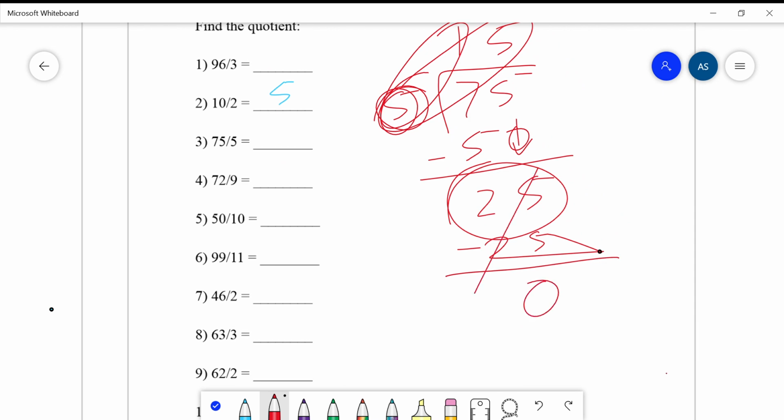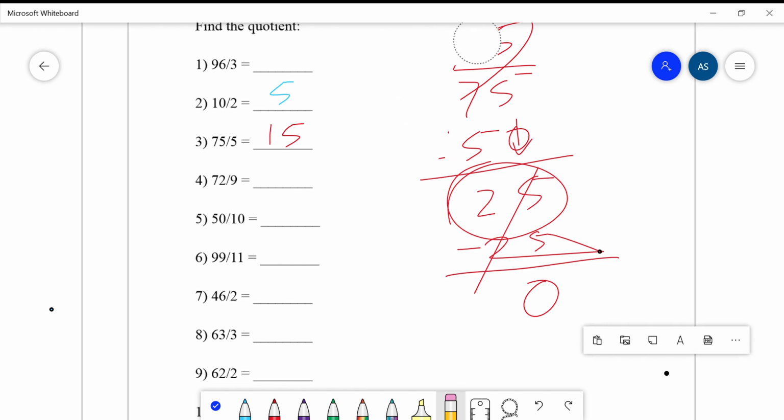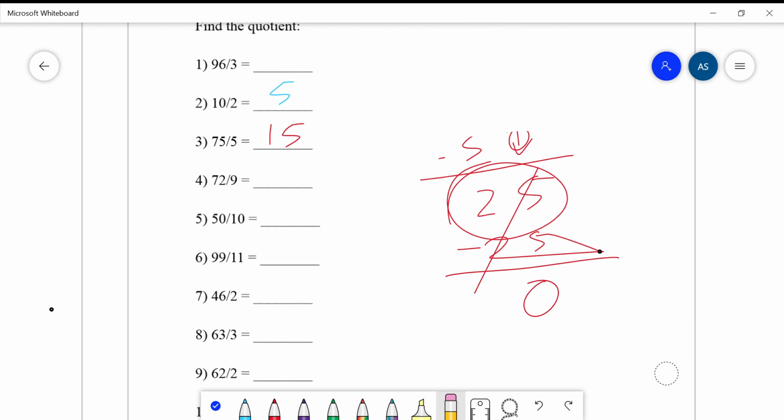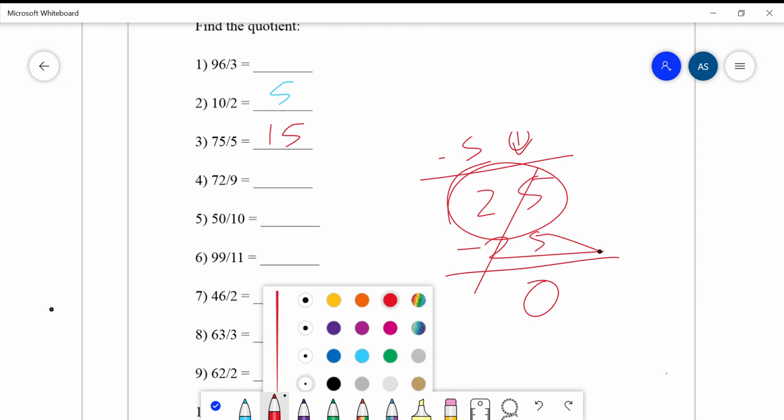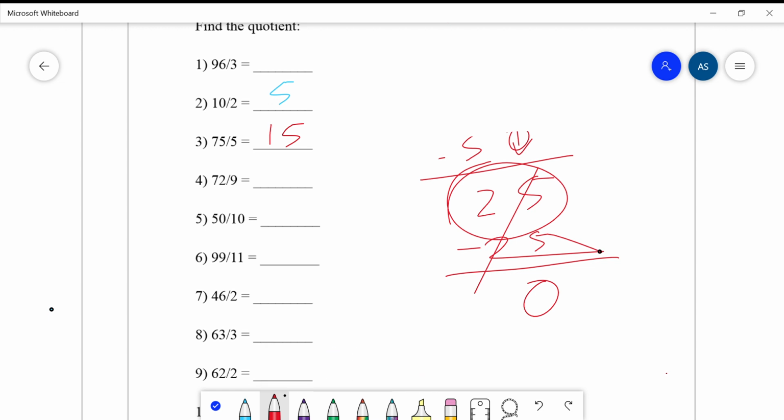And so your answer should be 15. Oh, this is so confusing to see. This was 75 divided by 5, and the answer is 15.